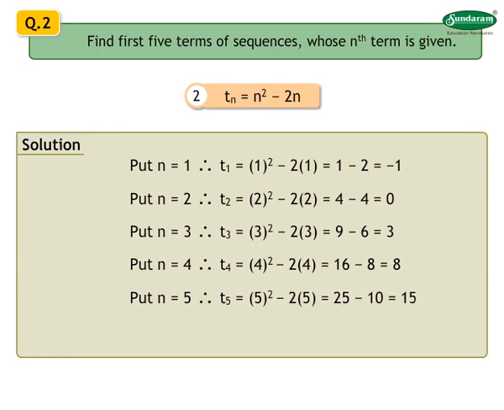Put n = 5. Therefore, T5 = 5² − 2 × 5 = 25 − 10 = 15. The first 5 numbers are −1, 0, 3, 8 and 15.